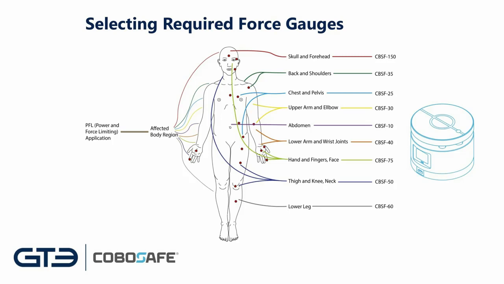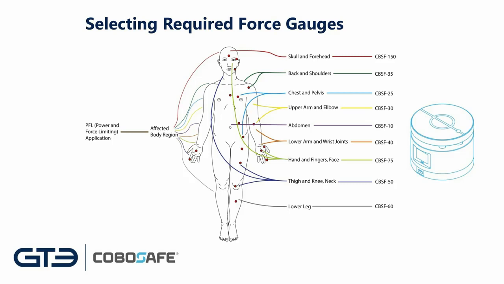But like I said, if just safety is your goal, then it's a worst case consideration, and you're good to go with the 75 Newton per millimeter spring. If you want to get the best out of your application, then it's recommended to use the appropriate force gauge according to the affected body region.